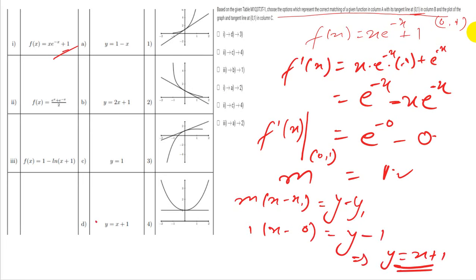Okay, because there isn't any correct option looking over here. So 1 will be mapped with d, and the graph of d would definitely not be this. This won't be the graph, because this is e to the power minus x.